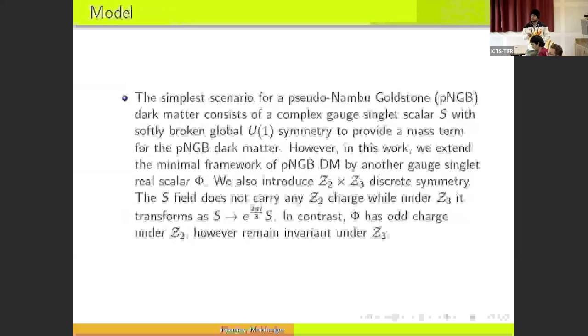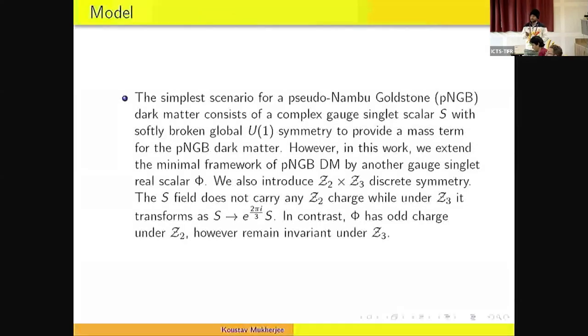And the model, one of the simplest models we have taken, is the pseudo Nambu-Goldstone model, where apart from the standard model Higgs, we have two other scalar fields: phi, which is a real scalar, and another field S, which carries Z3 charge and transforms under the Z3 symmetry as S goes to e to the power 2 pi i by 3 times S, and phi has an odd Z2 charge.